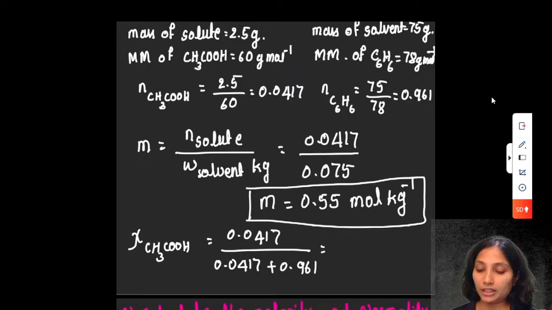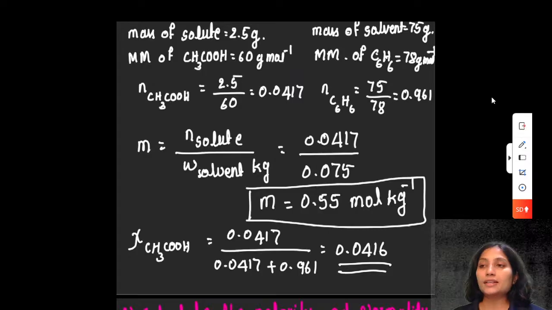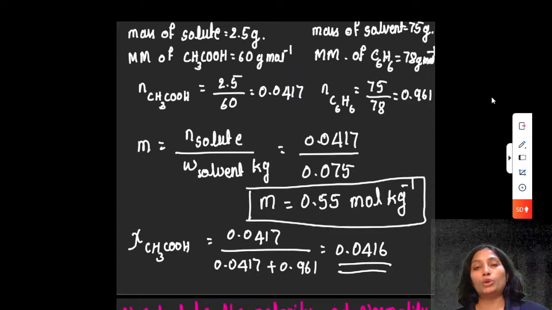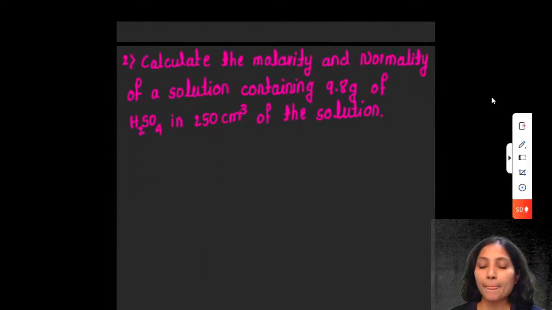So how much do you get? 0.0416. This is nothing but mole fraction of ethanoic acid. This is how you will calculate mole fraction and molality. These are very simple, direct substitution.